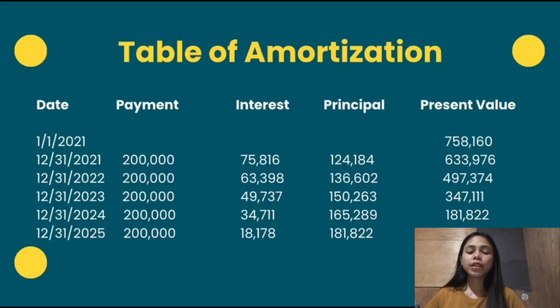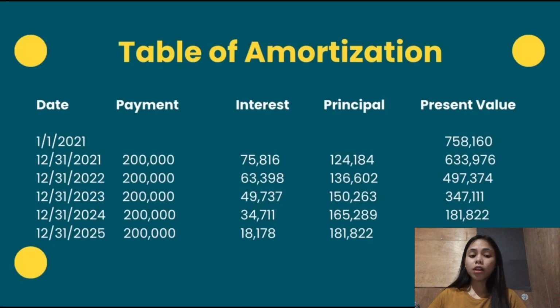And then, the interest column is equal to the preceding present value, which is 758,160, multiplied by the implied interest rate of 10%. Thus, for 2021, 758,160 times 10% equals 75,816.